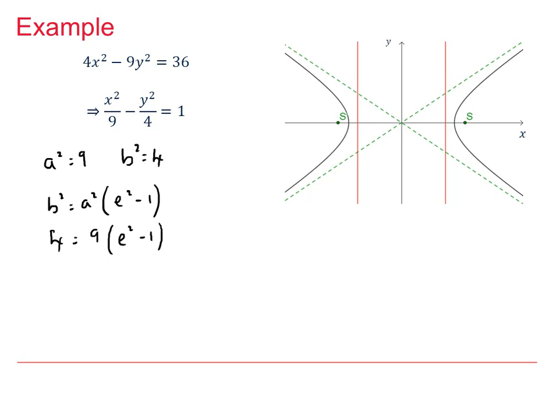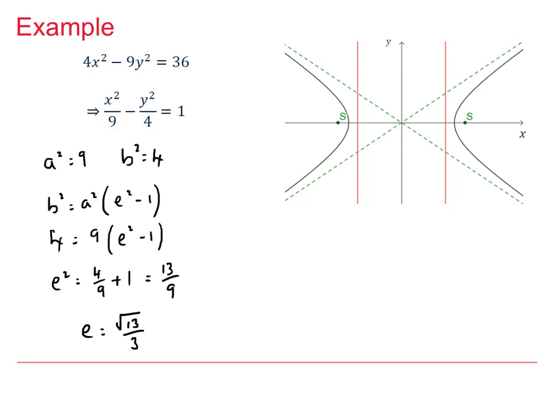So dividing by 9 and adding 1, e squared is equal to 4 divided by 9 plus 1, which is 13 over 9. And therefore e is equal to root 13 divided by 3. So that's the eccentricity, root 13 over 3.